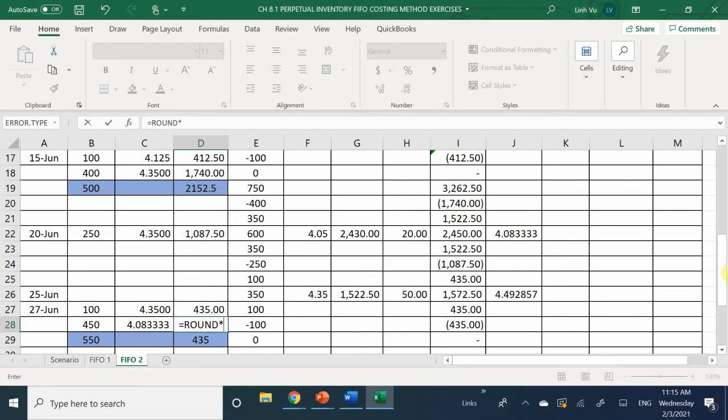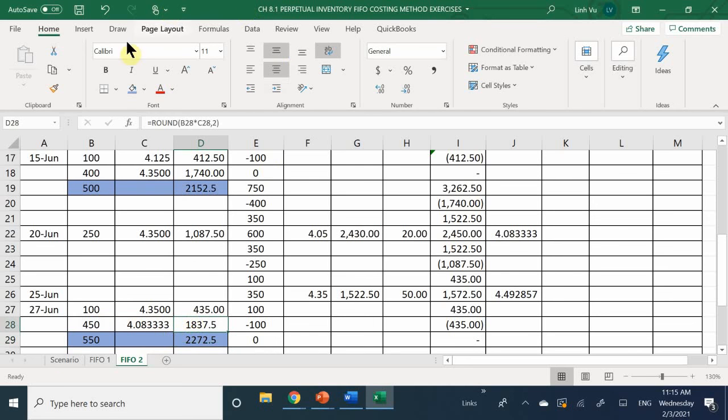Okay, so what is my total cost of goods sold here? $1,837.50. Okay, and of course we got a grand total of $2,272.50 here for our cost of goods sold.